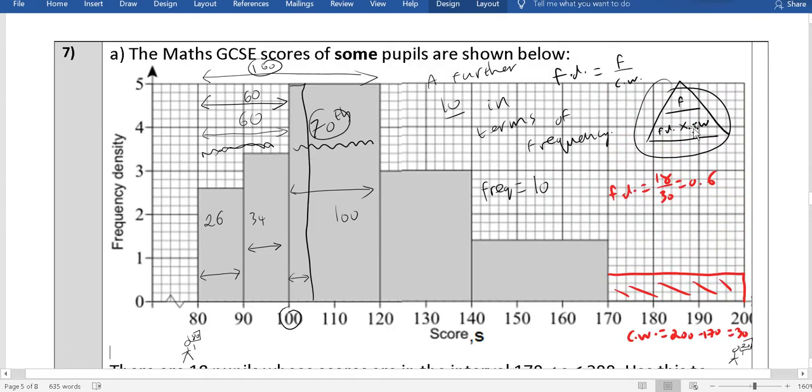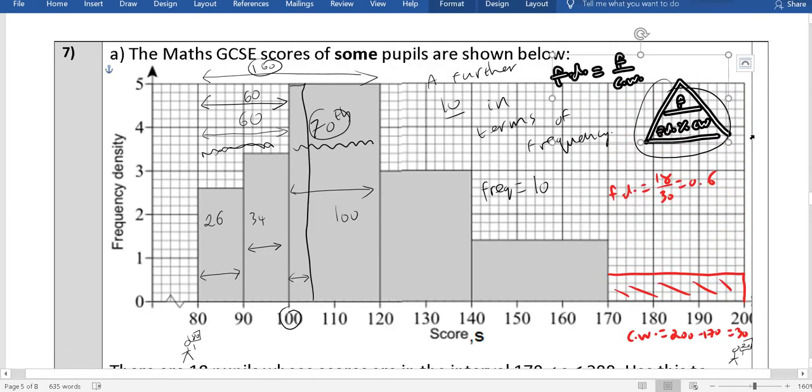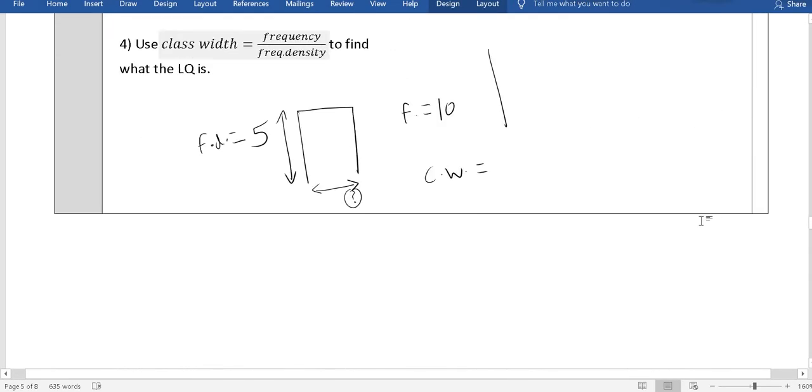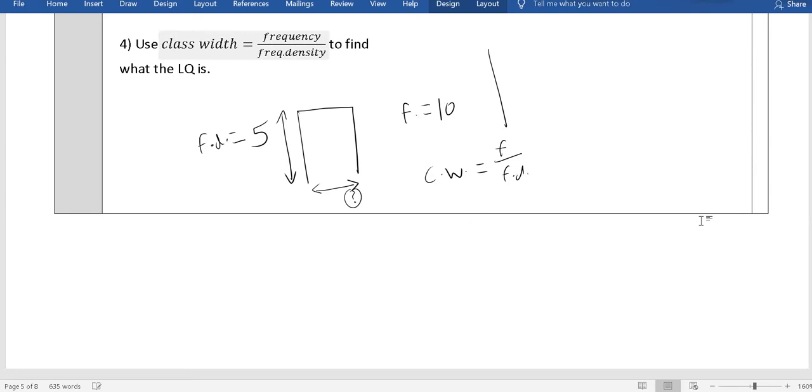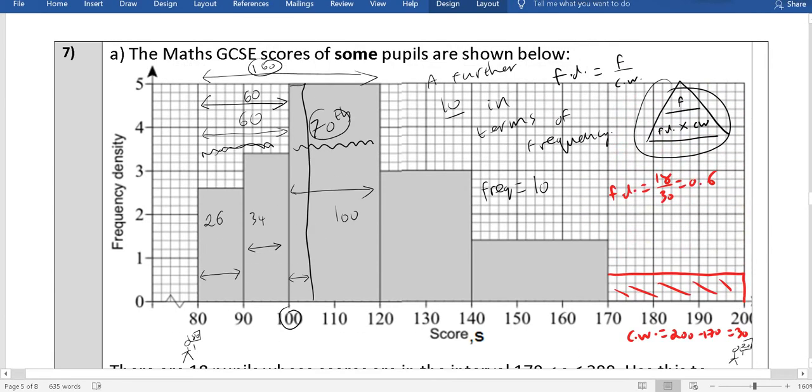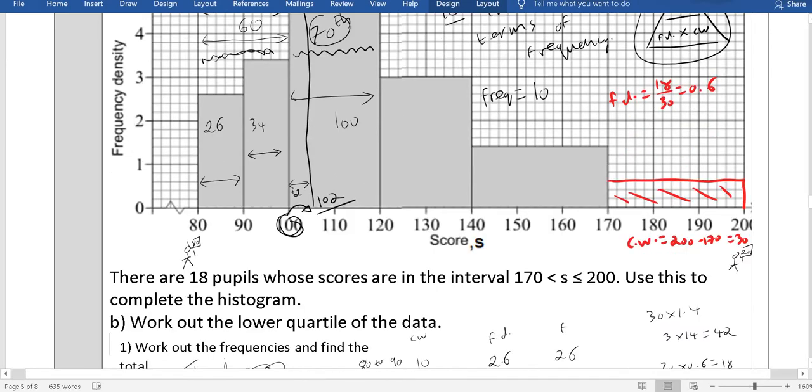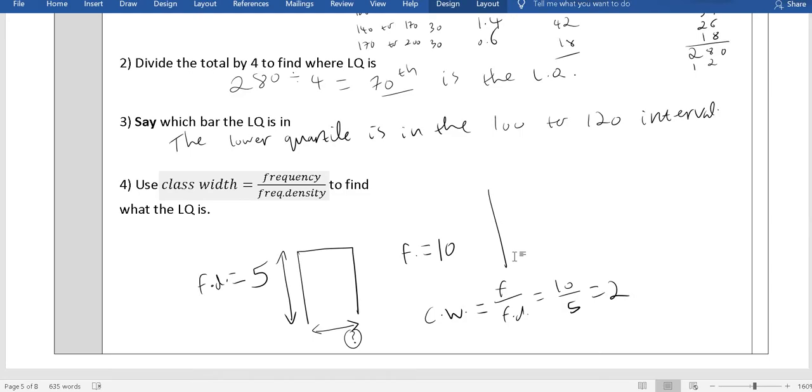If I cover up class width, I'm left with frequency over frequency density. So frequency over frequency density is 10 over 5, which is 2. So this little sliver is, in terms of score, 2 units wide. That means the lower quartile is not 100, it is 102. And that will be the final answer. The lower quartile is 102.